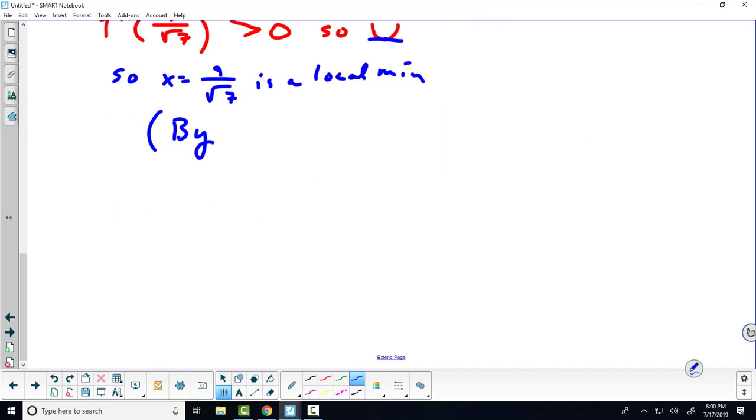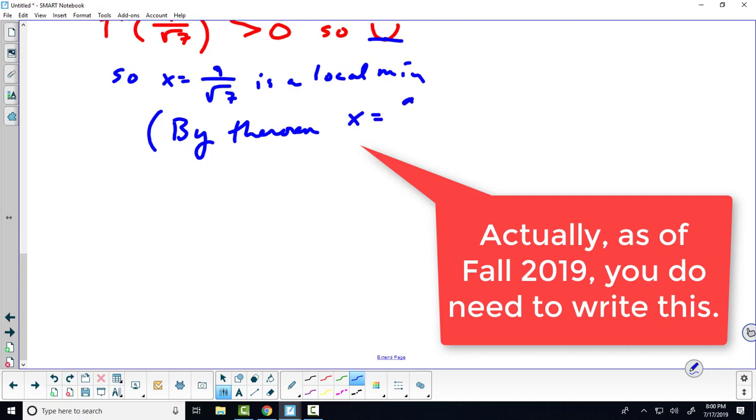So by the theorem, x equals 9 over the square root of 7 is a global min. How come? Because it was the only local extrema on 0 to 8. Therefore, it's its corresponding global.